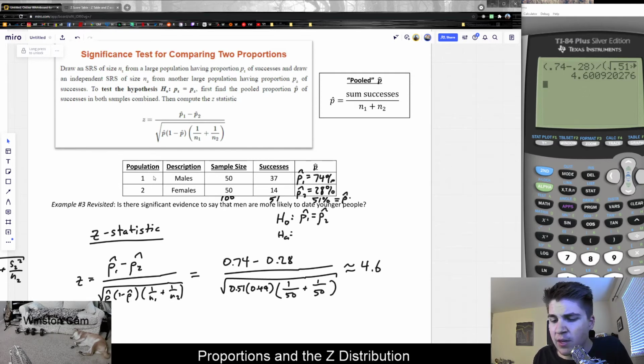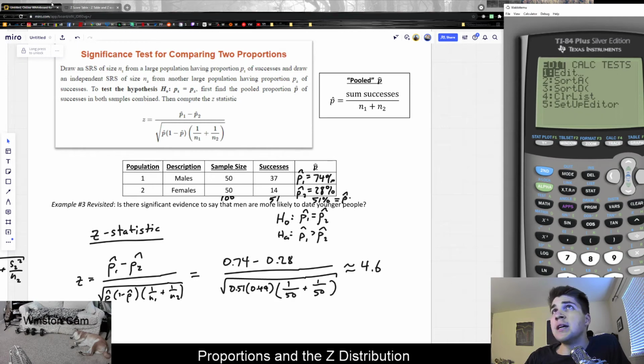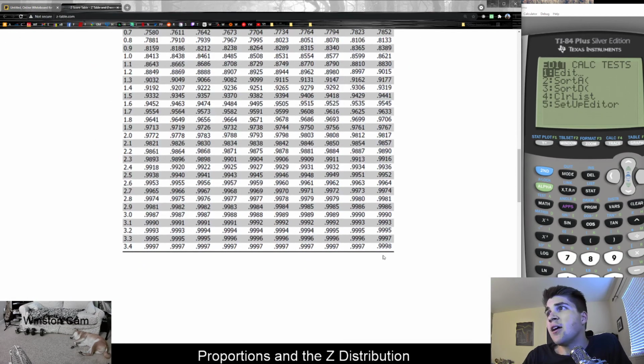And in this case, our goal is to say that P1 is greater than P2, because it asked if men, which was P1, were more likely to date younger people. So this is actually a one-sided test. And again, we could use a calculator to check this out, but it's so high that it would be our p-value.